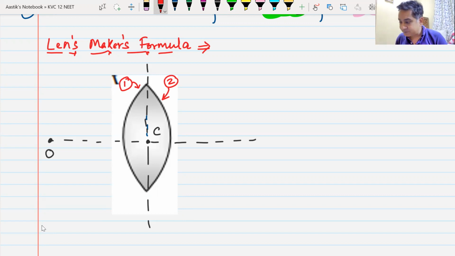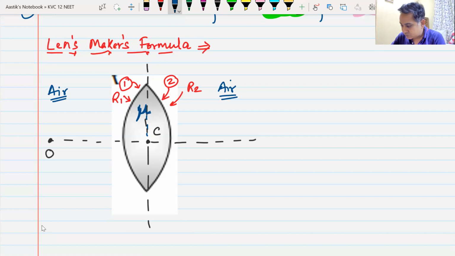This first surface has a radius of curvature R1 and the second surface has a radius of curvature R2. And this is made up of glass of refractive index mu. The outside is air, air on both sides.